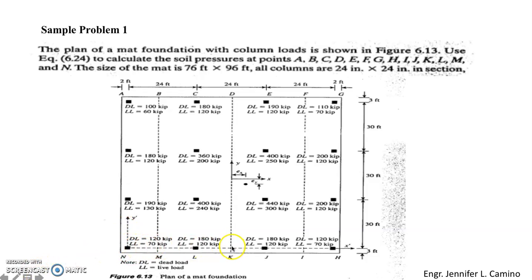along x direction if you're going to compute for x prime, our distance is along x direction towards the reference point. So meaning to say for this, you will have your x prime is equal to 36.66 feet. And since we have computed for x prime, we can compute now for our e sub x.